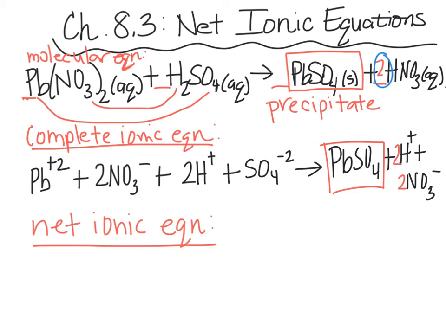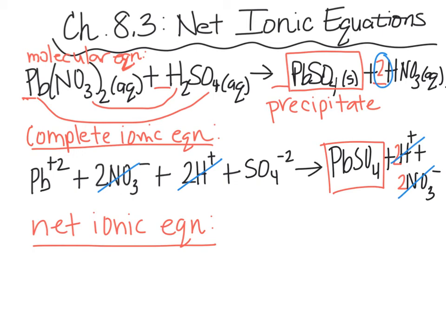All right, so let's go back. 2 nitrates here, and then we have 2 nitrates on that side. So we can cross those 2 nitrates out. Okay? Then we have 2 H pluses, 2 H pluses. So we can cross those out on both sides. And then we look at the last thing, sulfate by itself, and we look over here, and we don't have sulfate all by itself, all right?